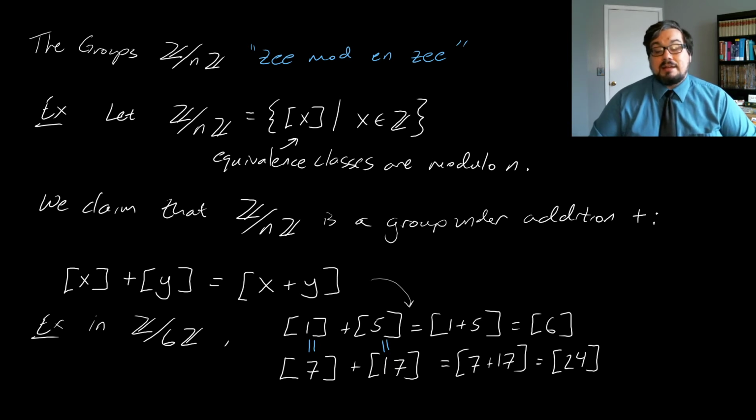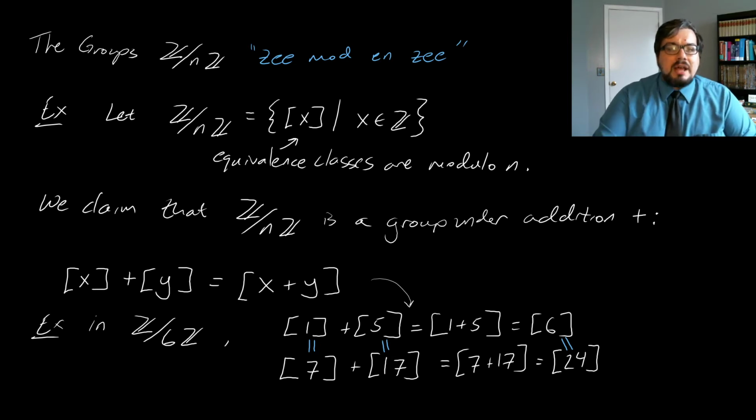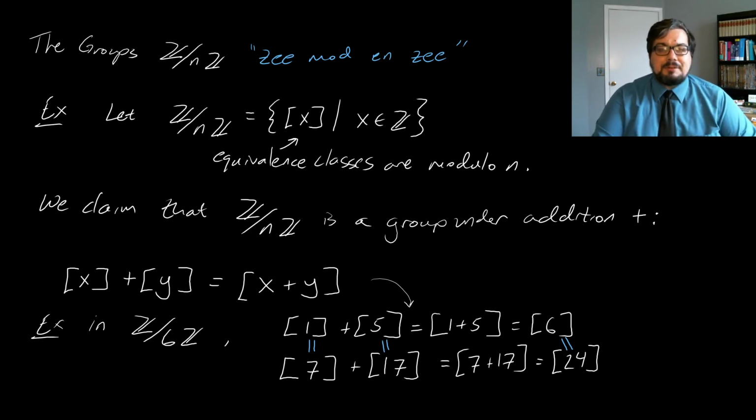In the second, we got the equivalence class of 24. 6 and 24 are, in fact, congruent modulo 6, and therefore these two equivalence classes are the same. So what we've seen is just a simple example to show that there's a chance that this addition makes sense here.